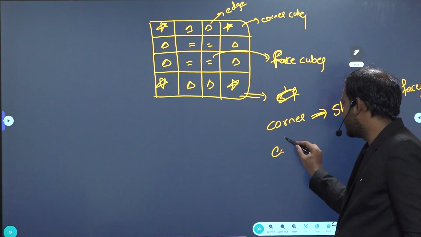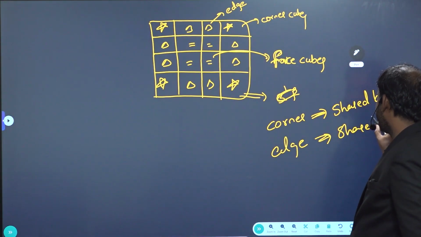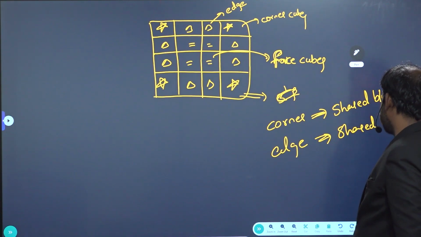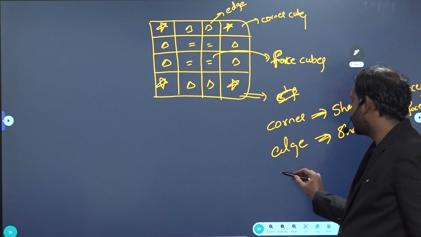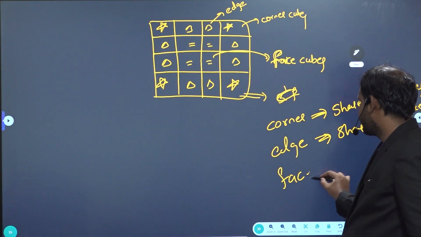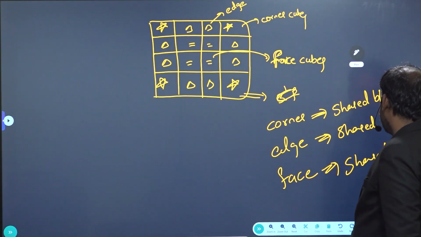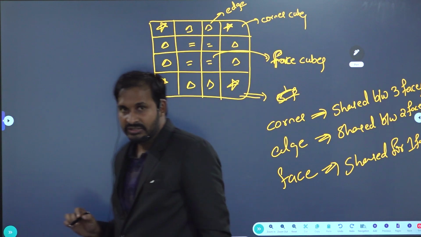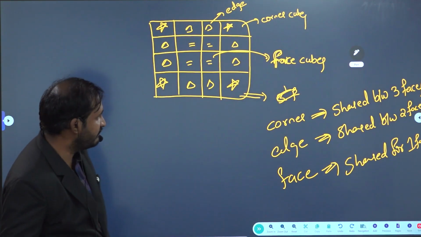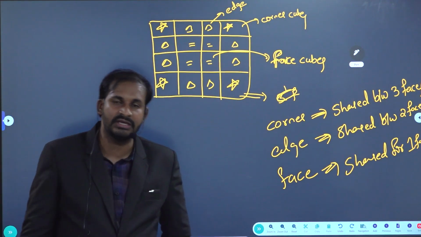When it comes to the edge cubes, these will be shared between 2 faces. When it comes to the face cubes, these will be shared by only 1 face. So corner cubes will be shared by 3 faces, edge cubes will be shared by 2 faces, and face cubes will be shared by only 1 face.